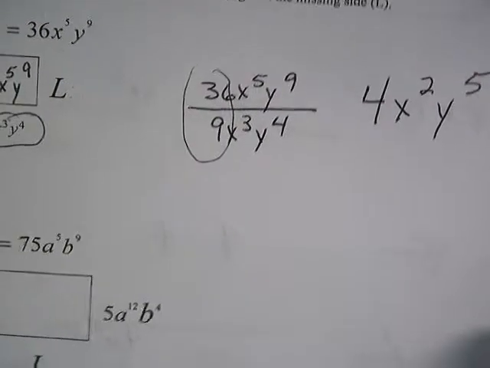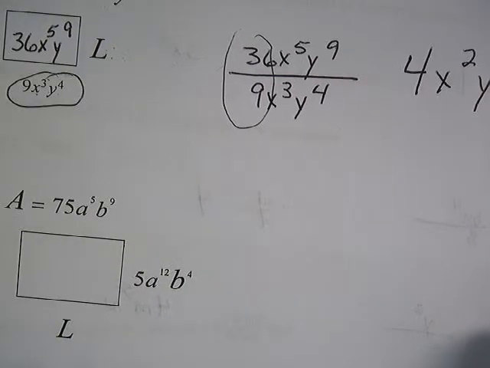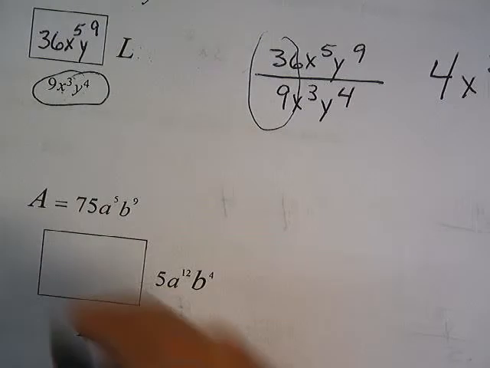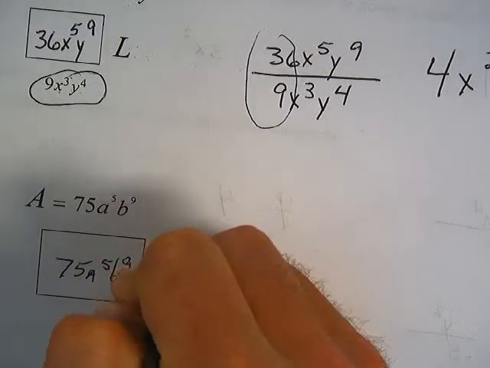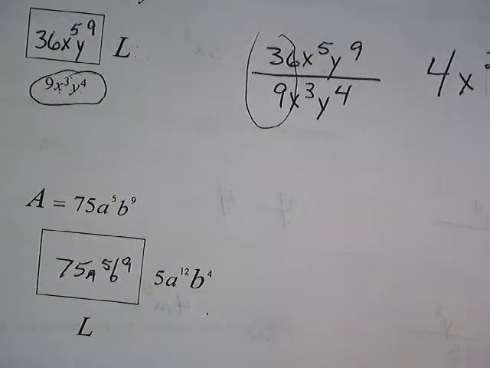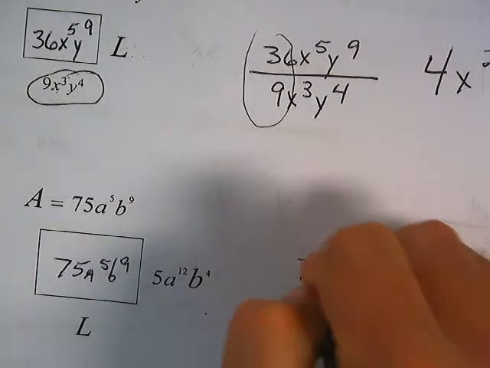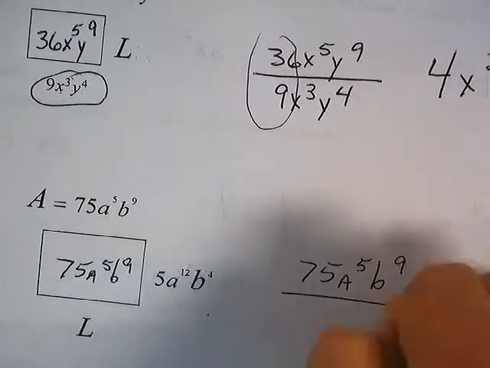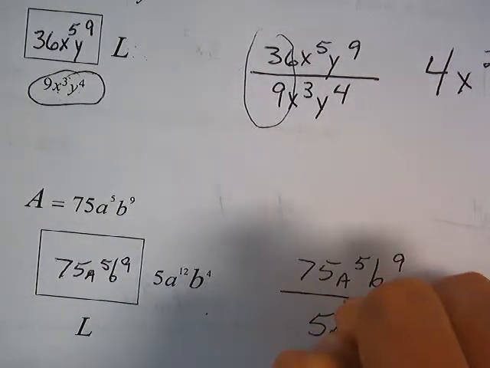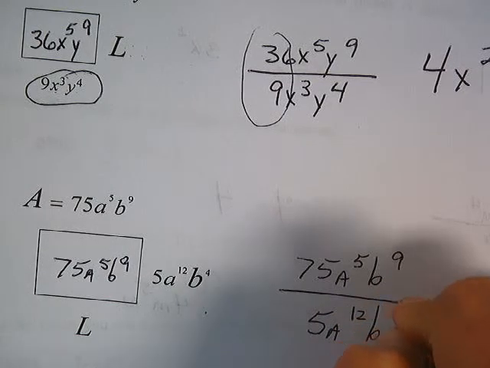Okay? And the last one. Once again, take the total and divide it by the width to find the length. So we have 75, a to the 5th, b to the 9th, divided by 5a to the 12th, b to the 4th.